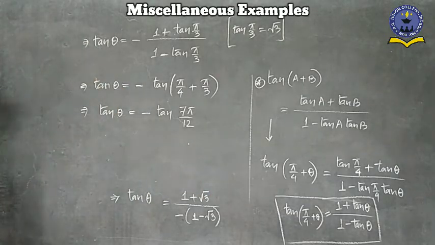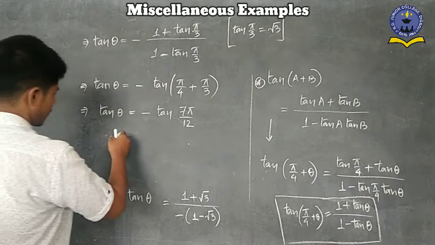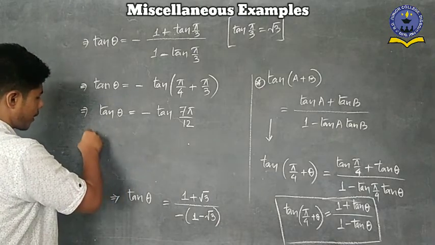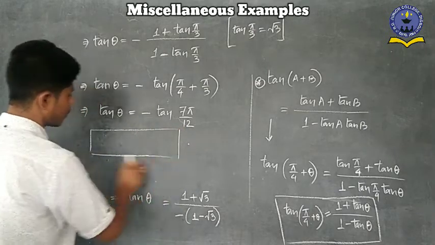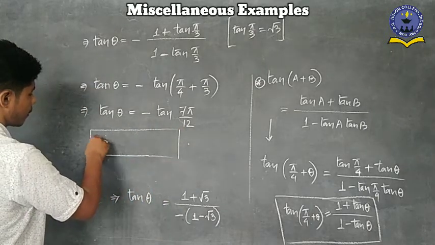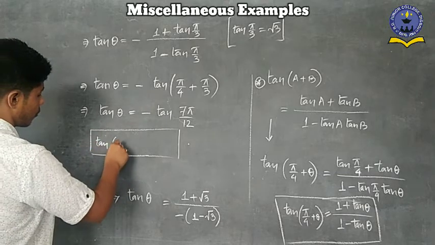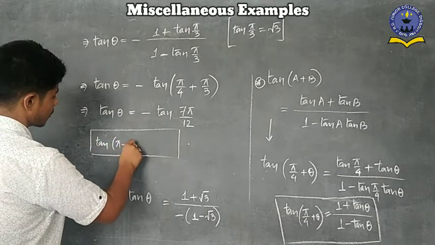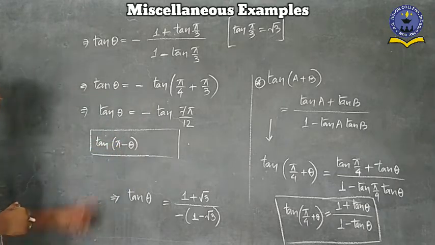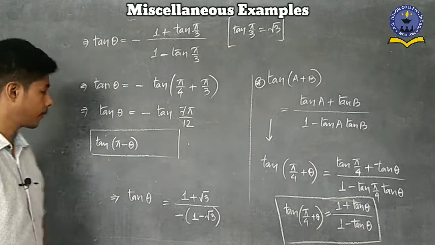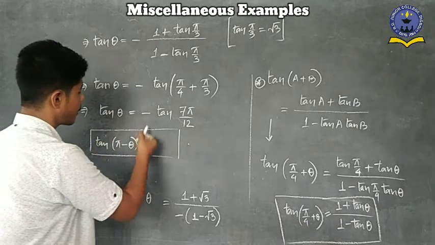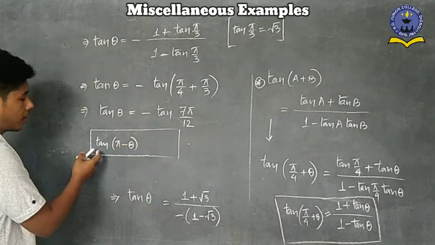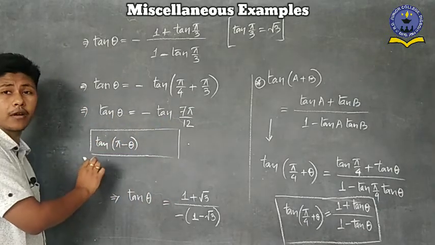Now let's see. In this case, we write one formula, and the formula is like this: tan of pi minus theta. You know what is the value of this result? In the exam, no need to write this derivation; just write the formula. Tan of pi minus theta equal to what?